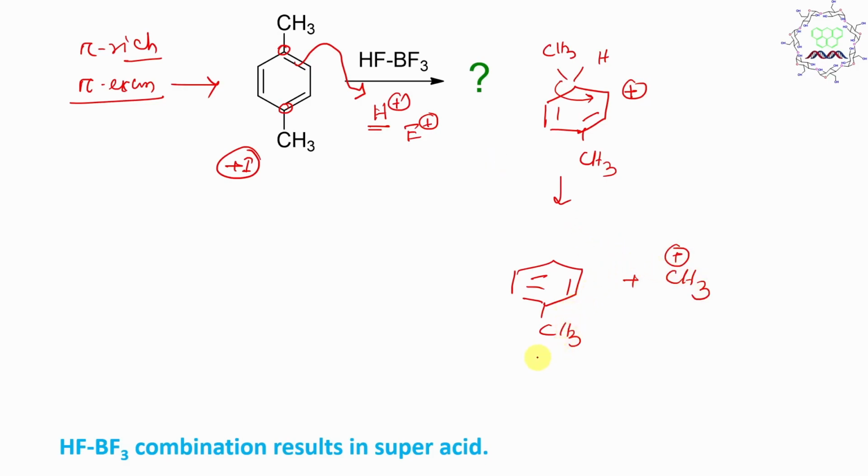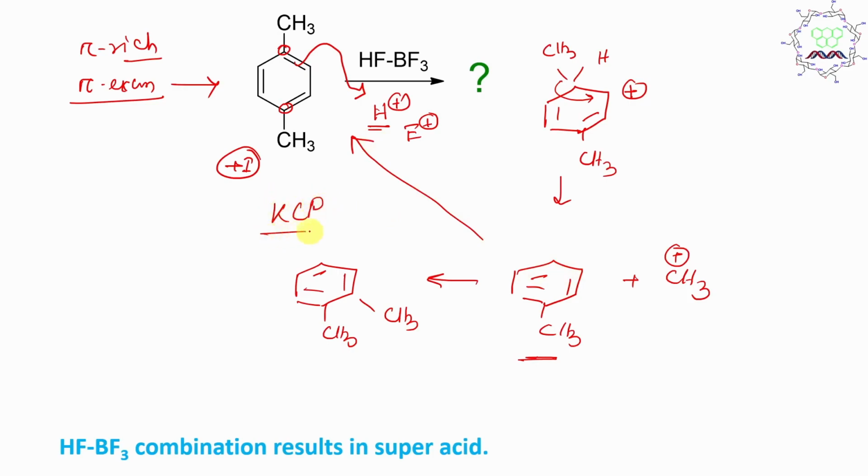Now we know toluene, methyl group is ortho-para orienting. So if you do ortho, then you can get this 1,2 substituted benzene derivative or orthoxylene. If you get para, then you will get the reactant back. By the way, these two are kinetically controlled products or KCP.